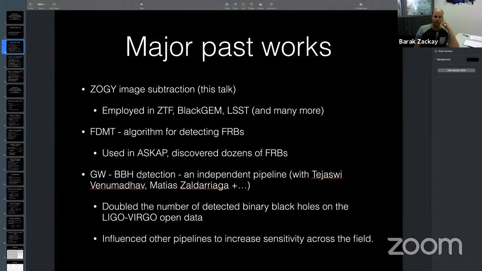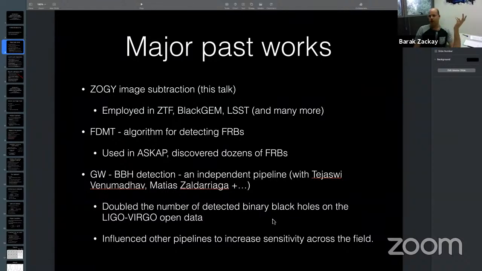And in my postdoc, I worked on gravitational wave detection, specifically on the binary black hole part. And this was me with several other postdocs and Professor Matias Zaldarriaga. And we created an independent pipeline for the analysis of the LIGO Virgo data. And the result was really exciting. We really doubled the number of detected binary black holes.